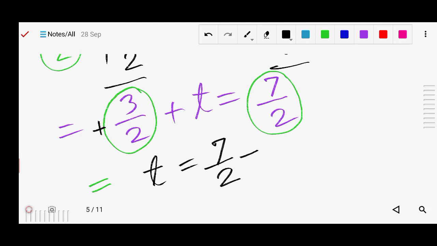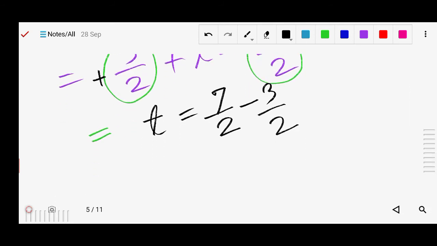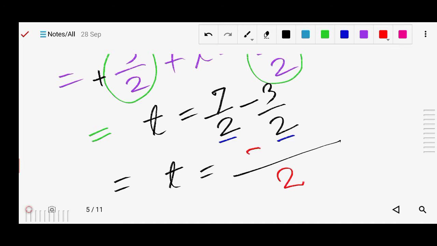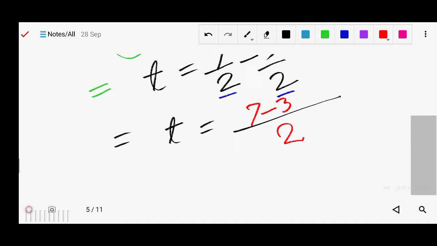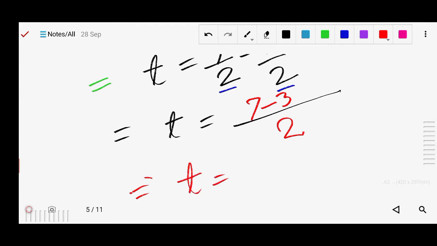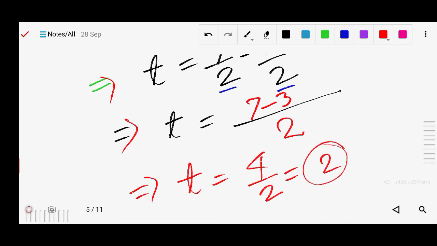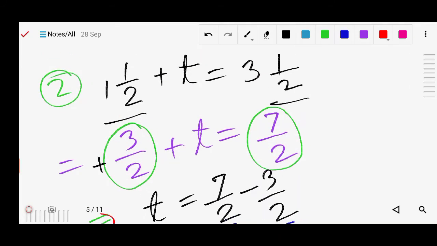Here there is a plus sign, so on this side it will come as minus 3/2. Now the denominators are the same, 2, so you can write t equals (7 minus 3)/2. 7 minus 3 is 4, so 4/2, and 4 divided by 2 is 2, so the value of t is 2. Simply, we changed the mixed fractions to improper fractions, then changed the side.